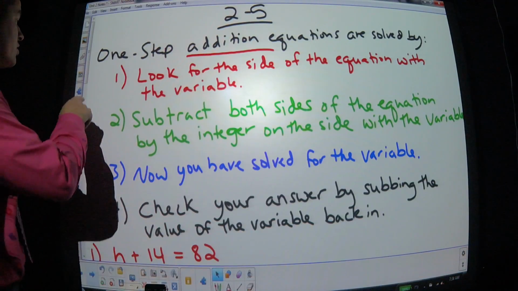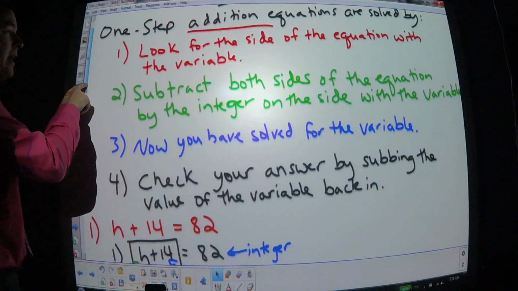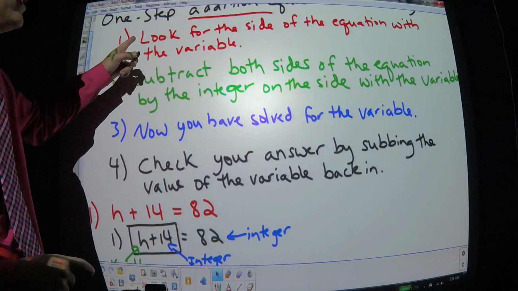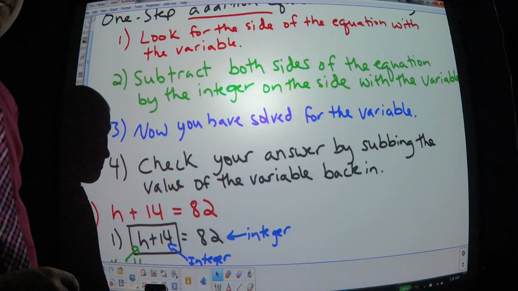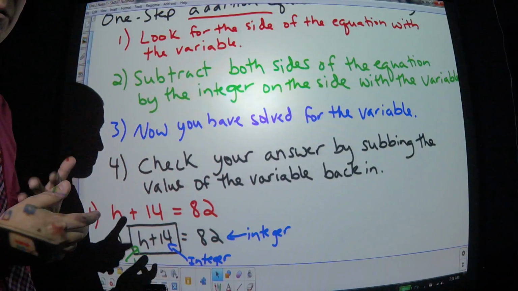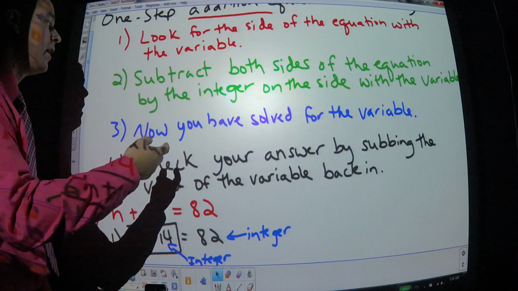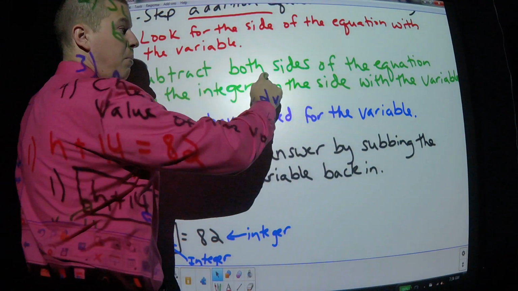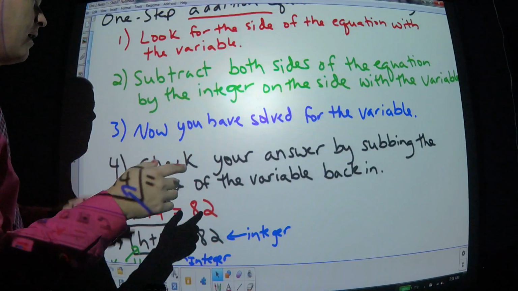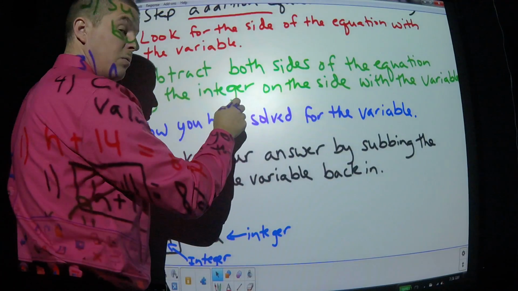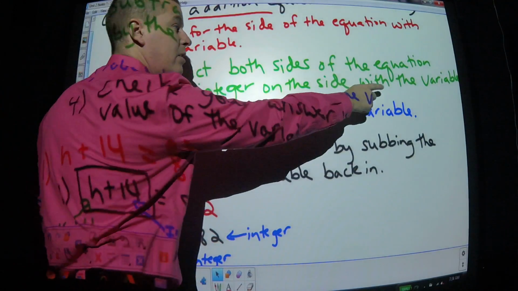So here are the steps that you need to know for solving an addition equation. Look for the side of the equation with the variable. Remember, the variable is a symbol or a letter that represents a value. You're going to subtract both sides of the equation by the integer, that's the number, on the side with the variable.